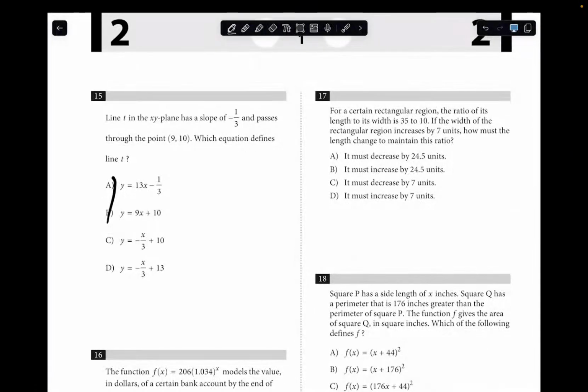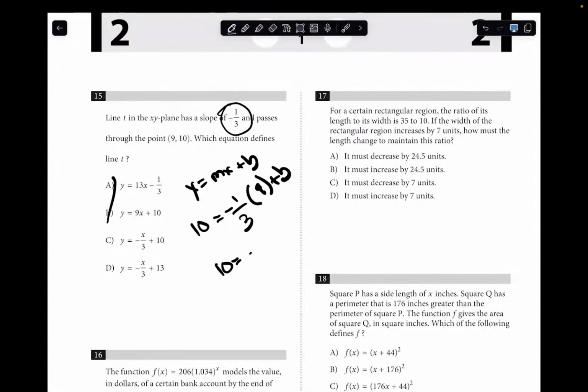And then you can use y equals mx plus b, right? So they give us y, right? They give us b, right? -1/3 times 9, we're going to get b. So 10 equals -3 plus b. b equals 13. D.